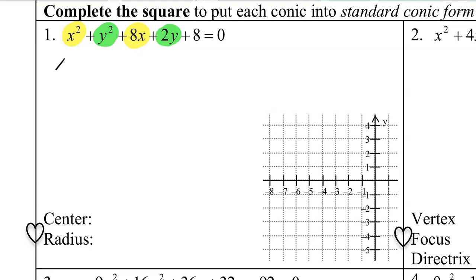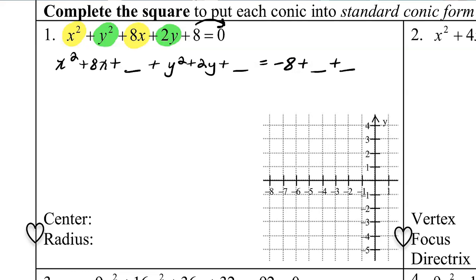So we would have x squared plus 8x plus blank plus y squared plus 2y plus blank, and I'm going to move the 8 to the other side by subtracting 8 from both sides. And a really helpful strategy is to put plus blank so you don't forget to add the same amount to the right side that you've added to the left side.